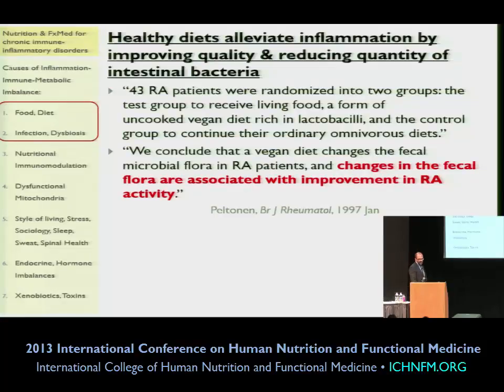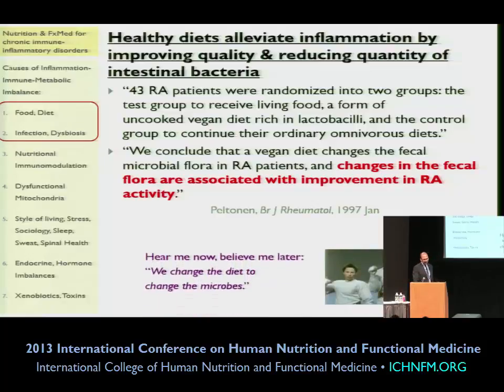So, as you can see on the slides, Hans and Franz say, hear me now, believe me later. When we change the diet, we change the microbes. When we change the gastrointestinal microbes, we change immune phenotype. So, as you can see in this study and several others, when patients, for example, with rheumatoid arthritis are placed on a plant-based diet, the patients who benefit from a plant-based diet are the patients who have beneficial changes in their microflora of their gastrointestinal bacteria.